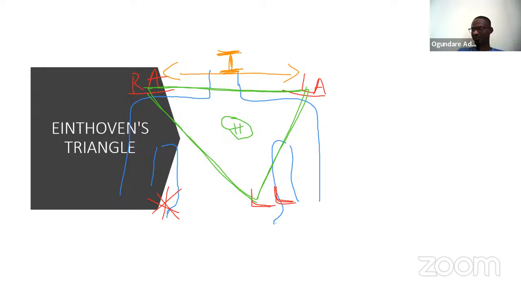The potential difference, the distance between the right arm here and the left leg here, is what we measure as lead 2. That is what shows on the screen as lead 2.